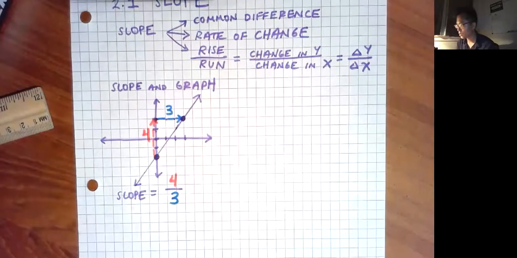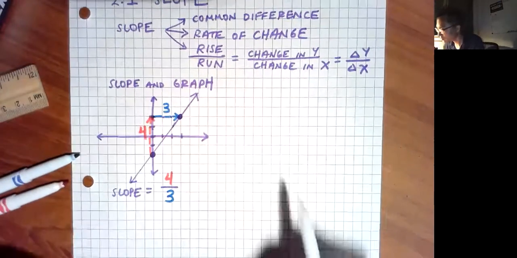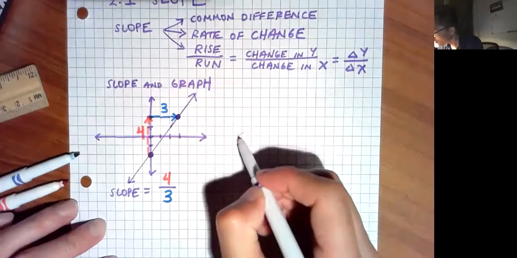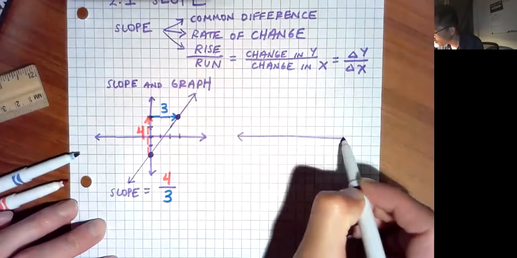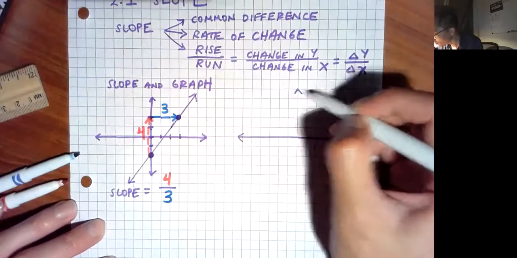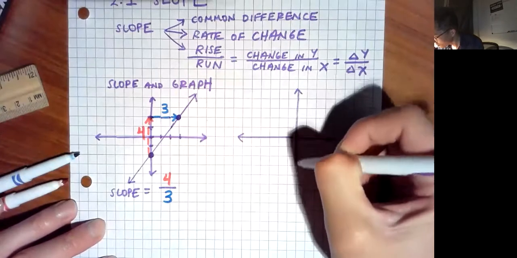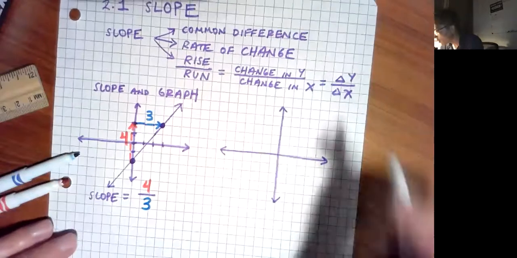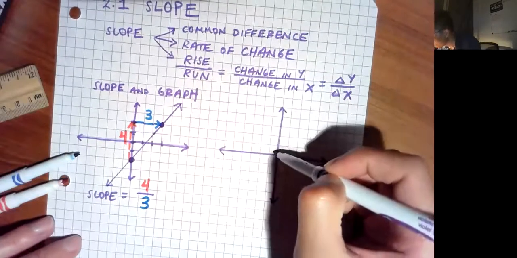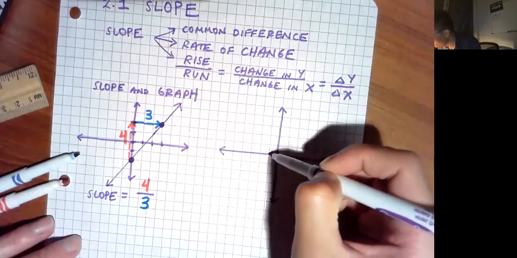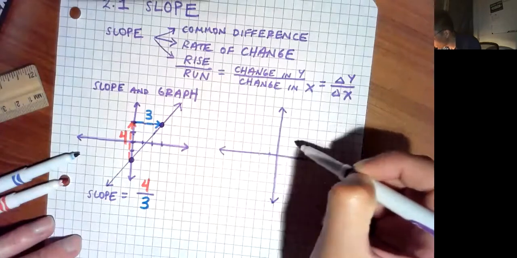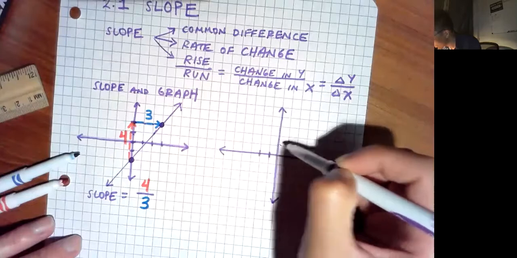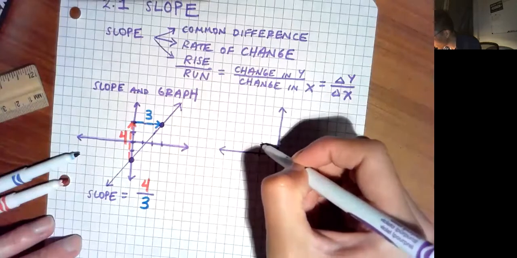Let's draw on another graph. And let's start this time from -2, 1. So here.